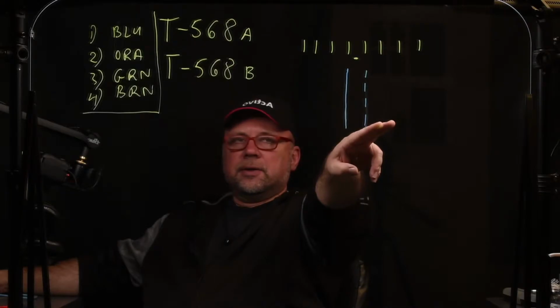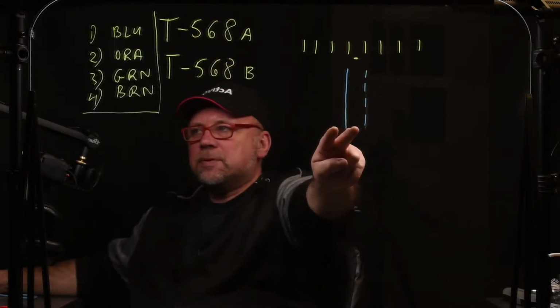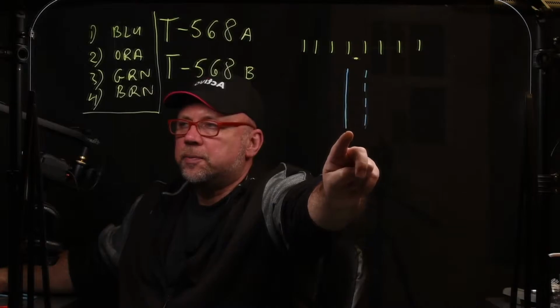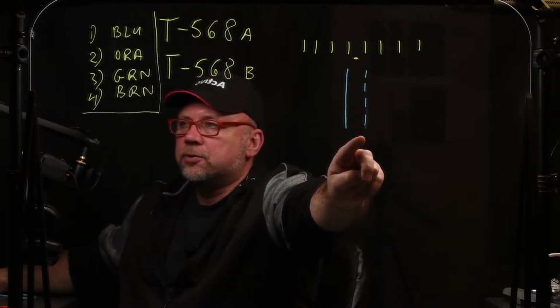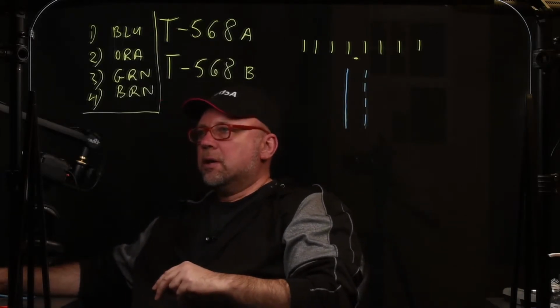So stripes going on the left, and the solids are going to go on the right, except for the first pair. So the first pair, solid goes on the left, stripe goes on the right. Everything else is going to be stripes on the left.